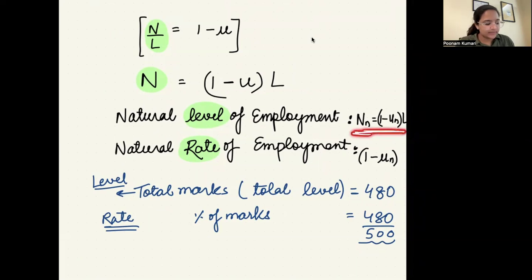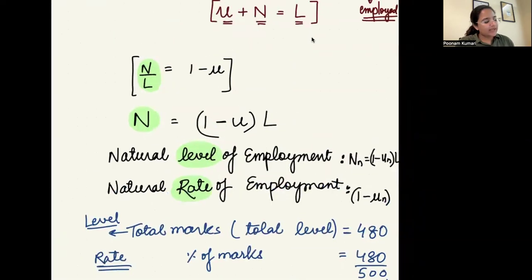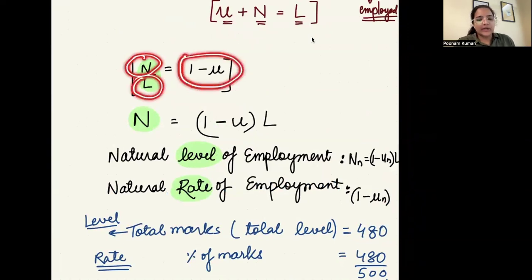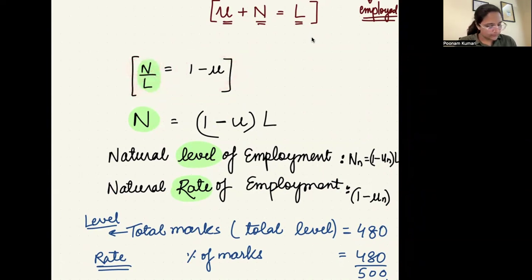It was this. है ना? And then there is a rate. So rate is total number of people who are employed divided by your total labor force. So this will be your natural rate of employment. ठीक है? This is fine.